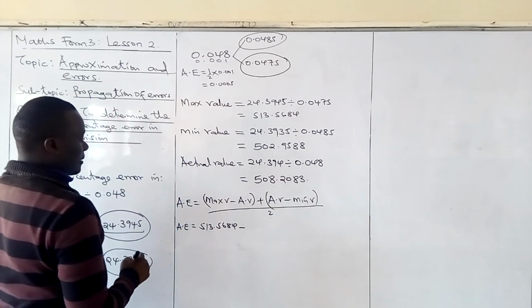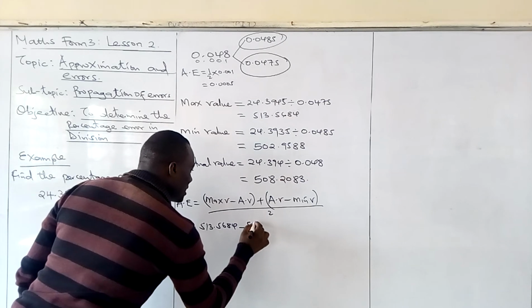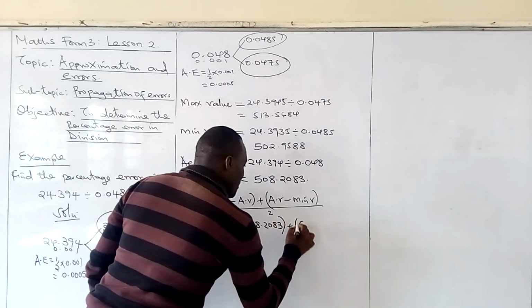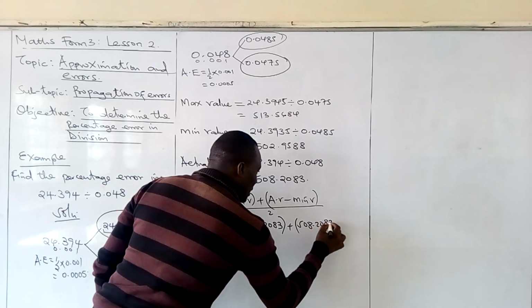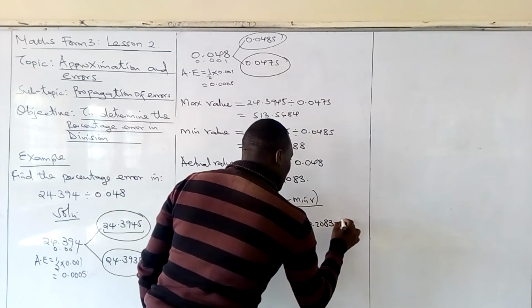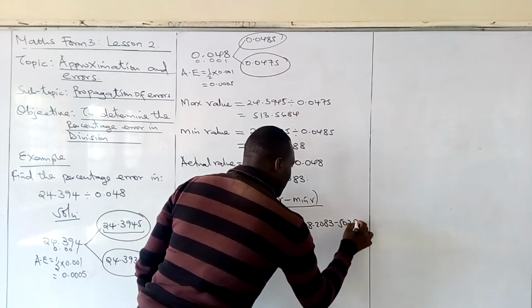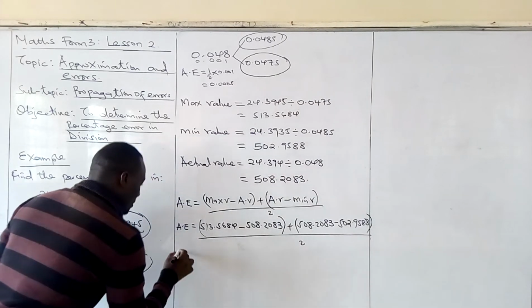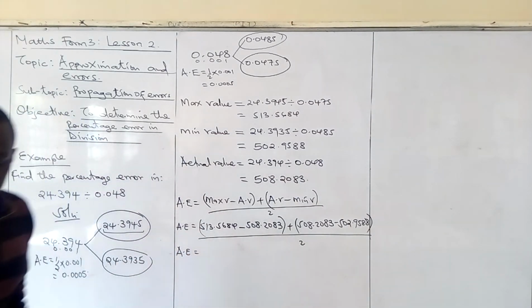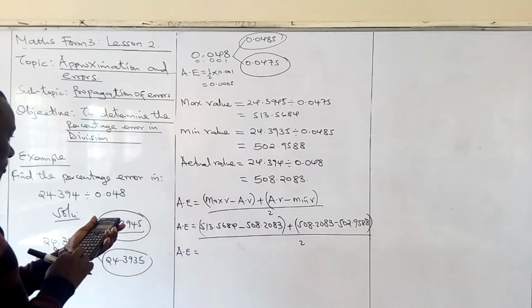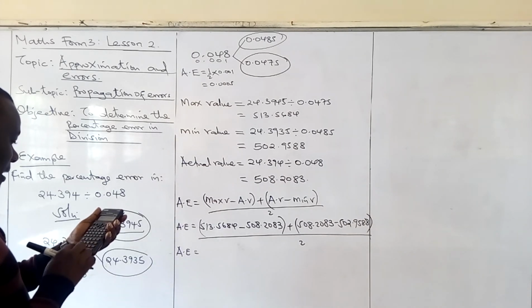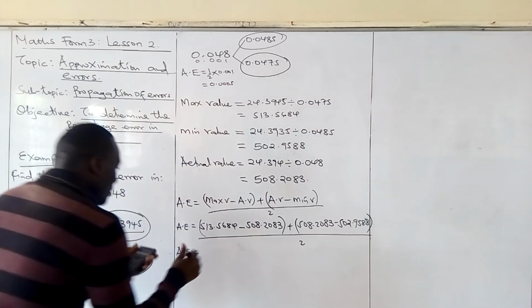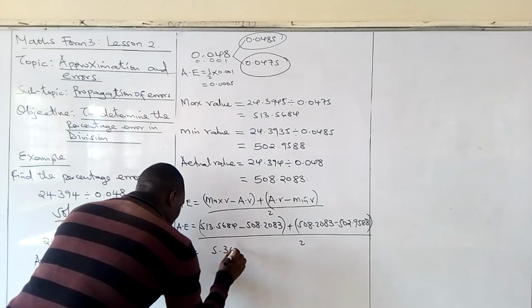We subtract the actual value, 508.2083, which gives 5.3601.